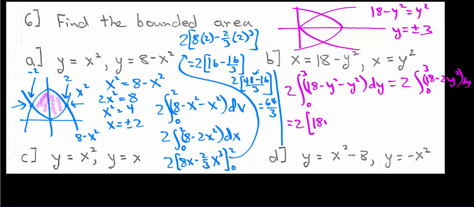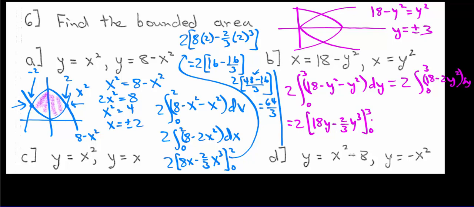So here we go: 18y minus 2/3 y cubed from 0 to 3. I'm integrating with respect to y. You can see how that's easier than trying to integrate with respect to x, because x is a function of y, not y a function of x.